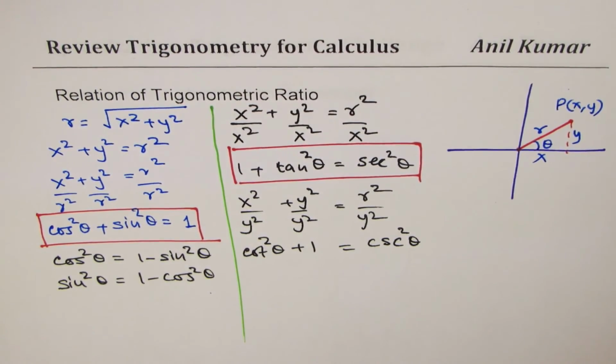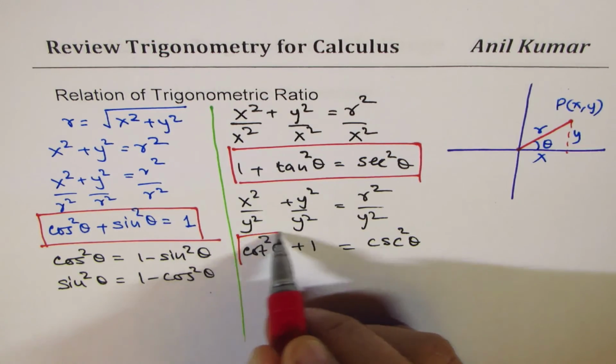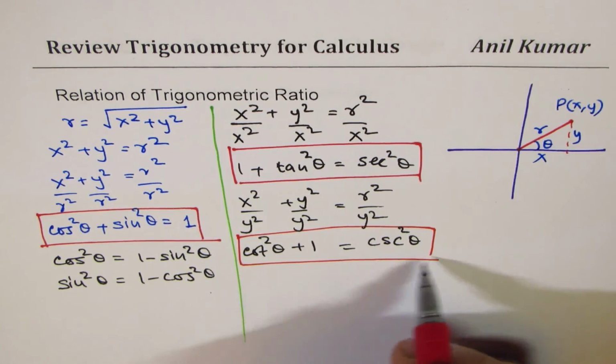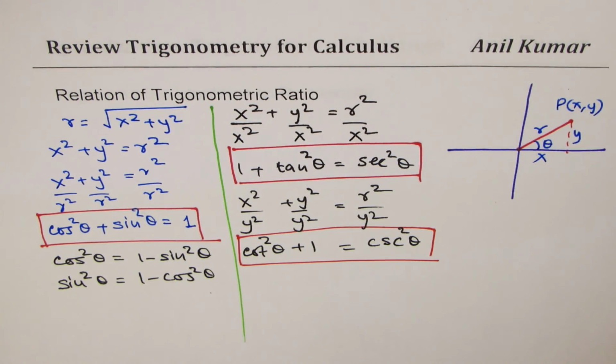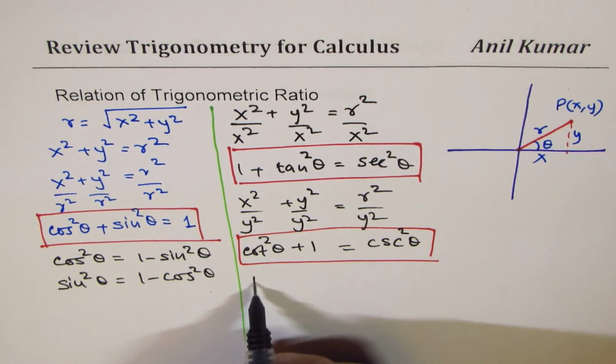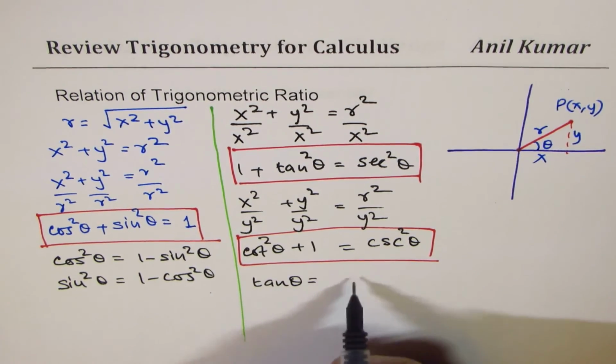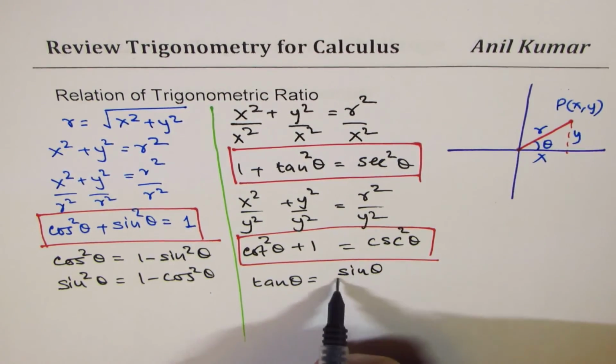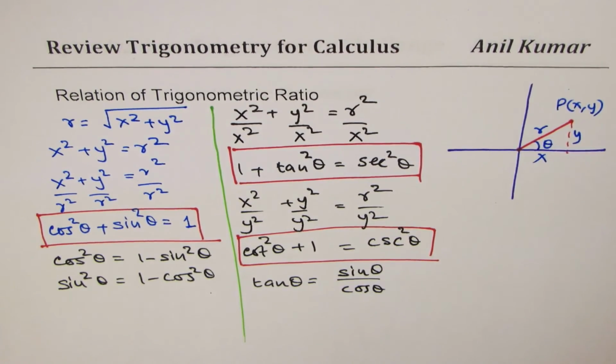So we get the third Pythagorean identity. Perfect. So these are very important identities to remember, and always remember that we can write tan theta as a ratio of sine theta and cosine theta. Correct? So that is how all these trigonometric functions or ratios are linked.